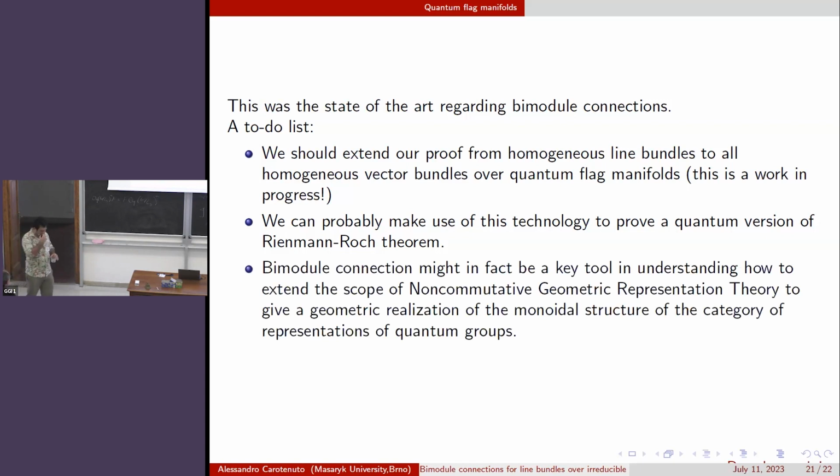Finally, a more far-reaching project: Raymond today was telling you about geometric representation theory. So in a way, we can realize the representation theory of a quantum group by looking at sections of a line bundle, but maybe, now that we can give a differential realization of the module, we will be able to use bimodule connections to give a realization of the monoidal structure itself.